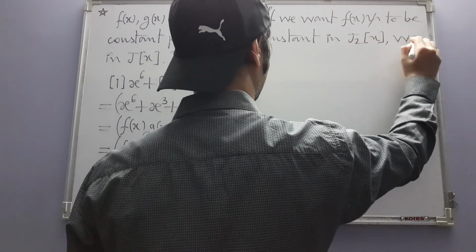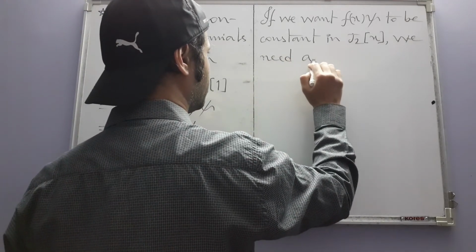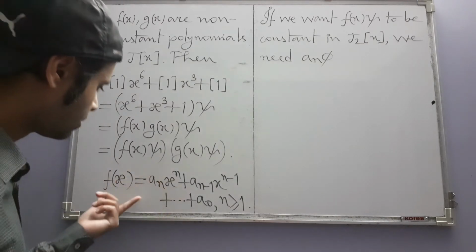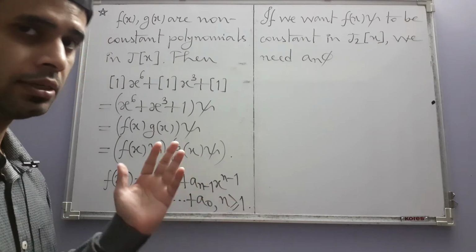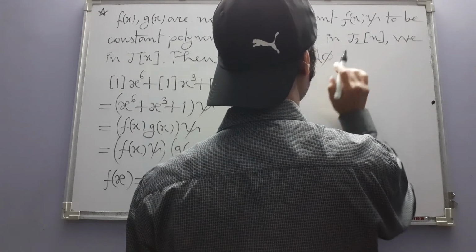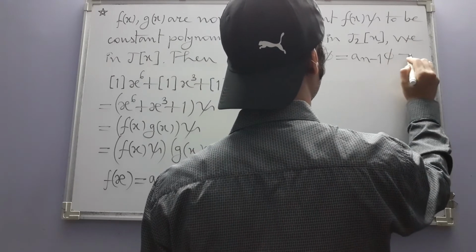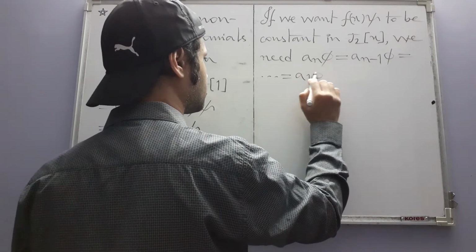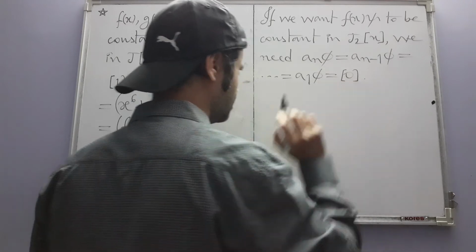in J2x, we need an phi, because you see, when you are going to apply psi on fx, you have to replace the coefficients with their phi images. All those phi images should be equal to zero. What type of zero? The zero element in J2.